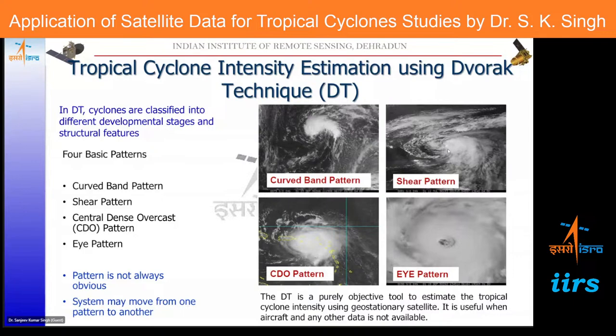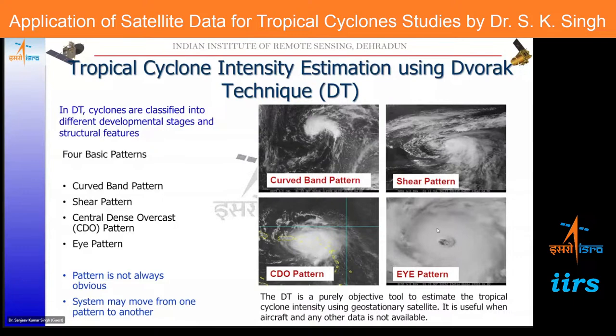In both stages, the tropical cyclone is not that strong. The central dense overcast pattern shows the formation of the eyewall. When the eyewall starts forming, that situation is called the central dense overcast pattern. When the tropical cyclone is developed and the eye is visible, that is called the eye pattern.